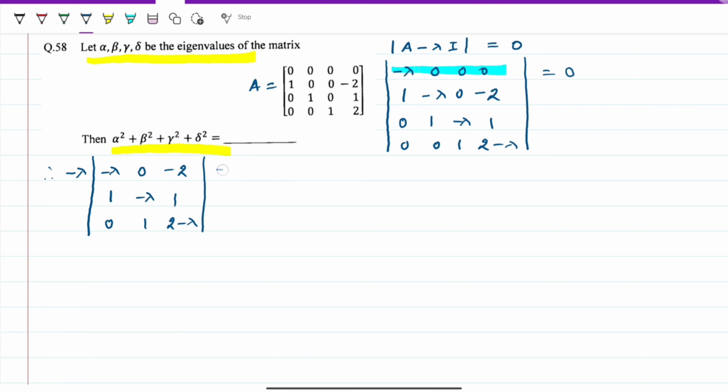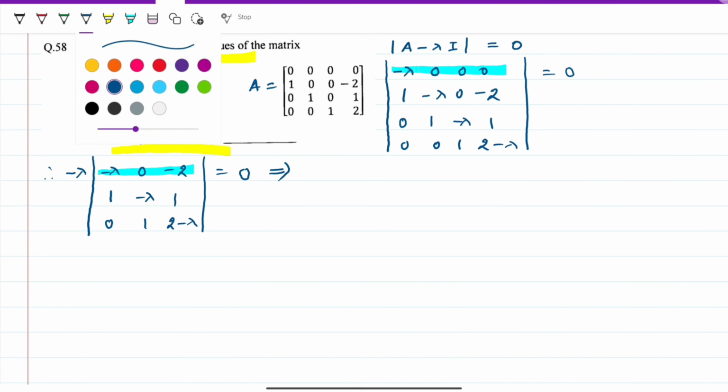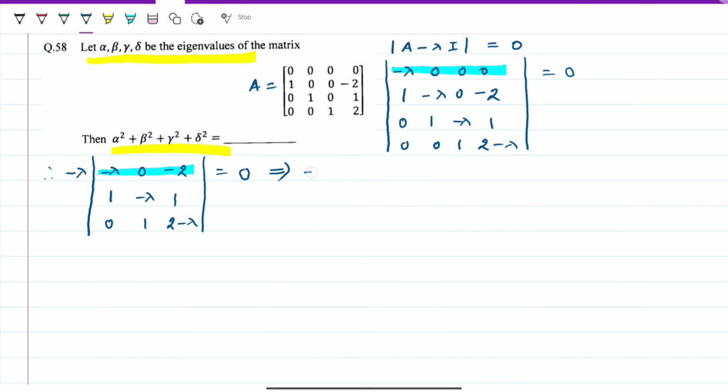So this must be equal to 0. Now for the 3 by 3 matrix which we have got, we will be using the first row to evaluate the determinant. So again we have negative lambda on the outside and then we have negative lambda and the determinant of the corresponding minor which is this.